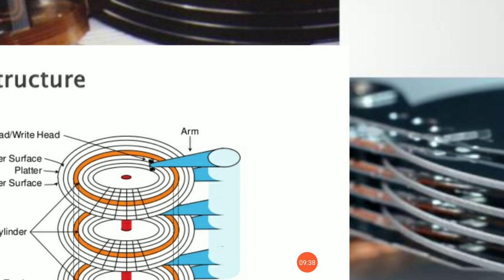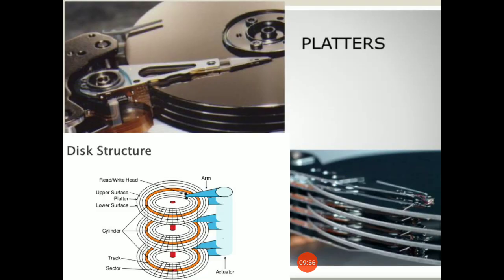If I want to store 1 or 0, then by applying current pulses of suitable polarity to the magnetizing coil of the read or write head, which has a magnetizing coil around it, digital information 1 or 0 is stored on the magnetic coating of the magnetic disc, which comprises iron particles.